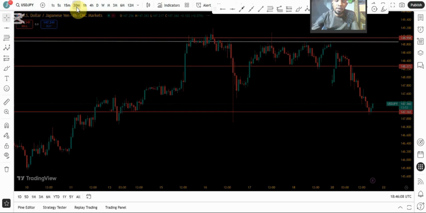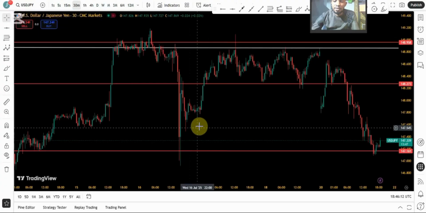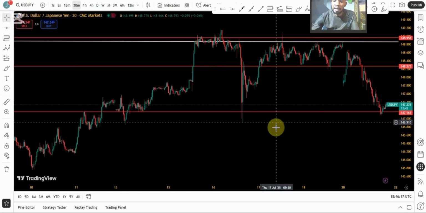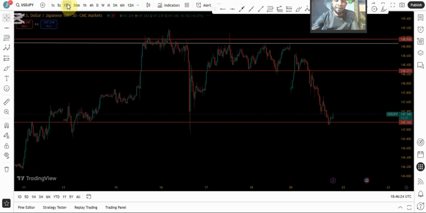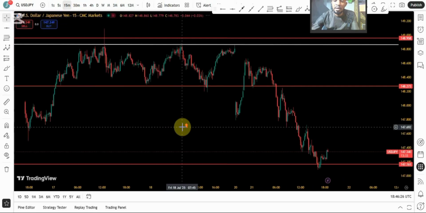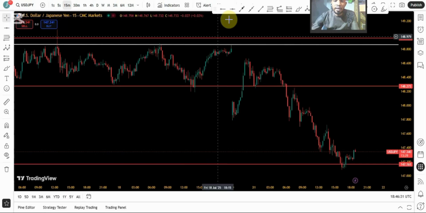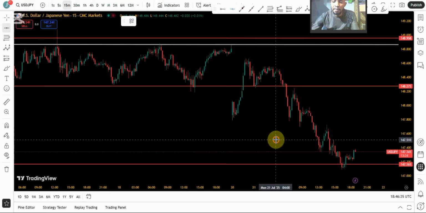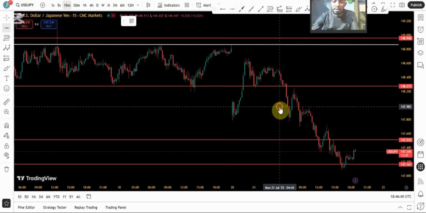I can now go over to the 30 minutes time frame to also find levels that I can mark. Finally I'll be stopping at the 15-minute time frame, because this is the time frame which I trade. So I can now pick out more horizontal lines and mark levels. I can mark this level, I can mark this level.